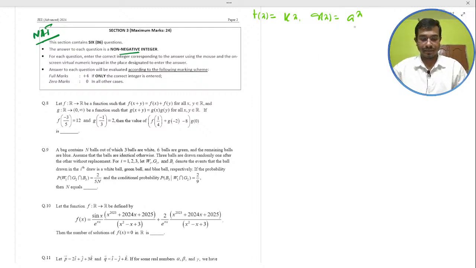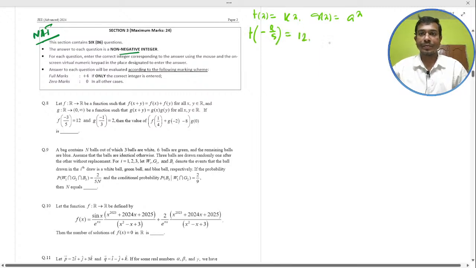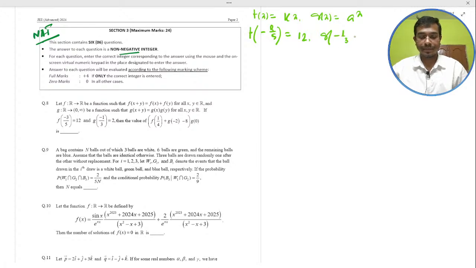So f(minus 3/5) is given as 12, and g(minus 1/3) is 2. So let us assume this function f(x) and g(x).